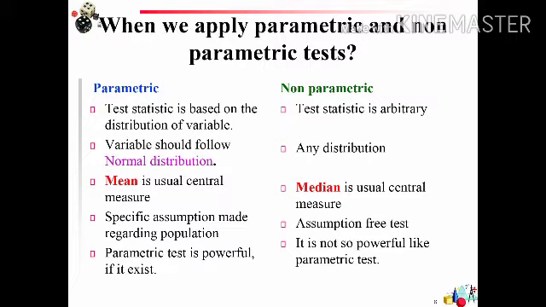In a parametric test, we are comparing the central measurement, the mean. But in the case of a non-parametric test, the central measurement is the median. And parametric tests have specific assumptions, while non-parametric tests are assumption-free tests. A parametric test is powerful if the assumptions hold, whereas a non-parametric test is not as powerful as a parametric test.